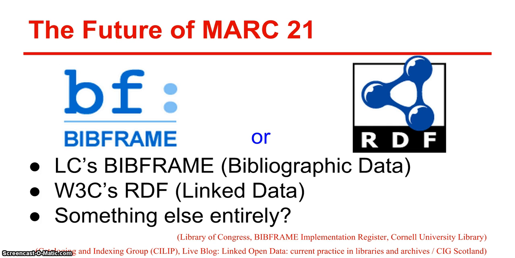Let me stress that BIBFRAME is still in development. Cornell University Library announced last month that they have tested using the BIBFRAME converter to manually create original BIBFRAME records for their information resources. Another competitor in the race to replace MARC is RDF, short for Resource Description Framework.